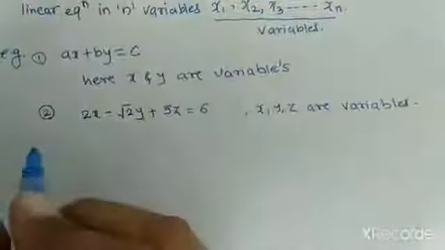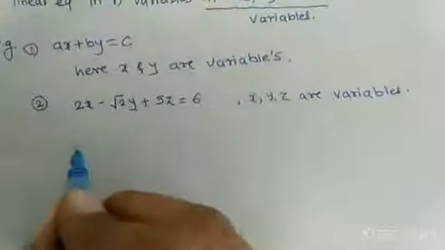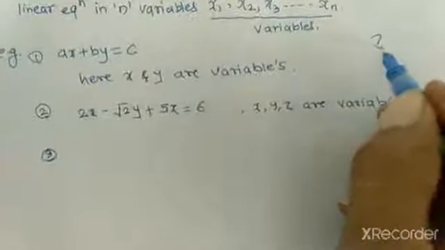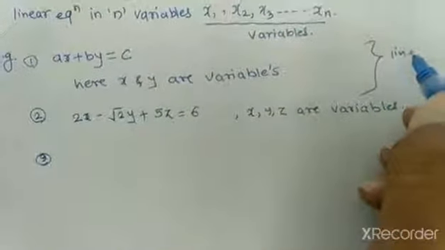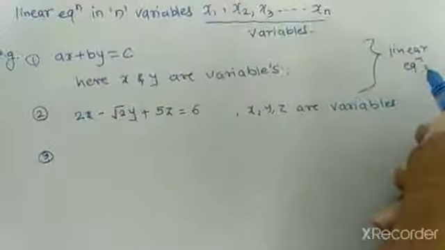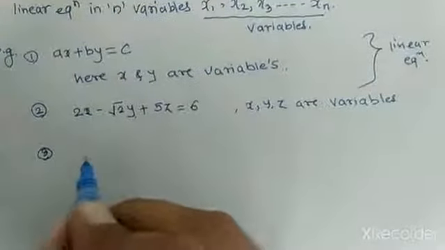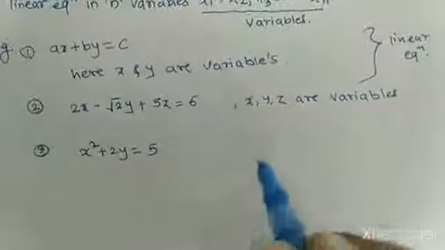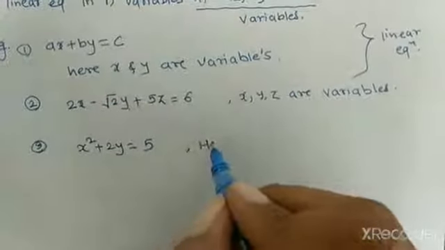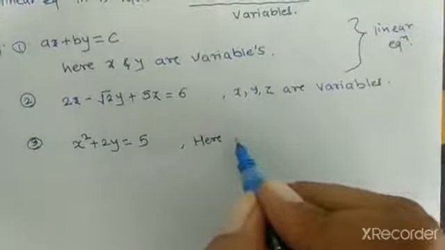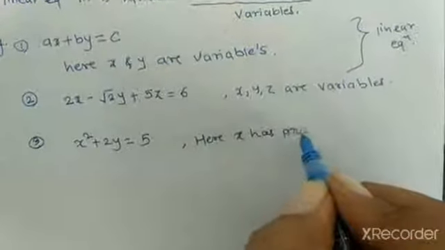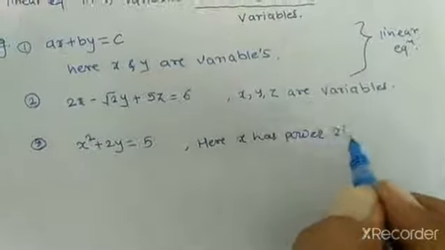Now, they both are linear equations. Now, if we consider example x square plus 2y is equal to 5. Here x has a power 2, that is degree is 2.